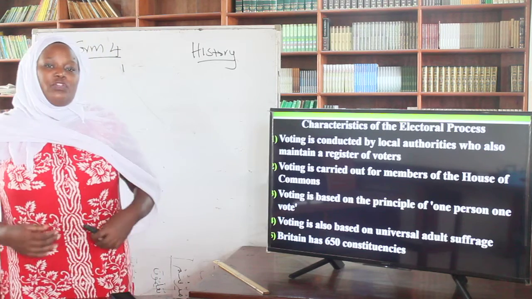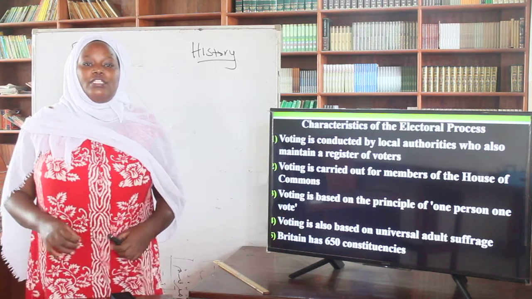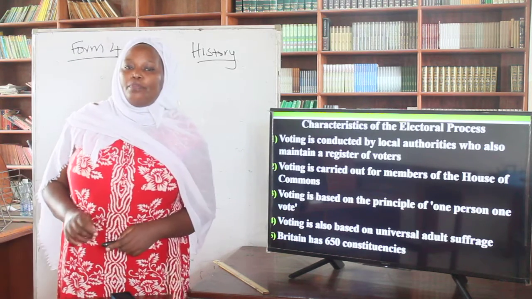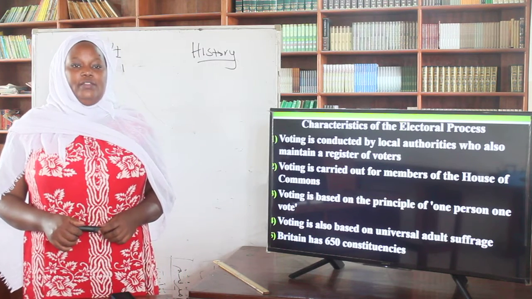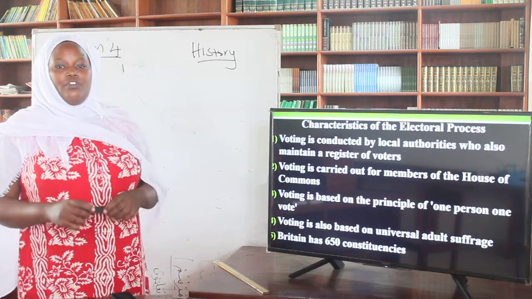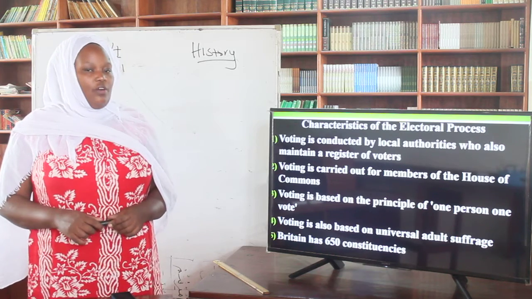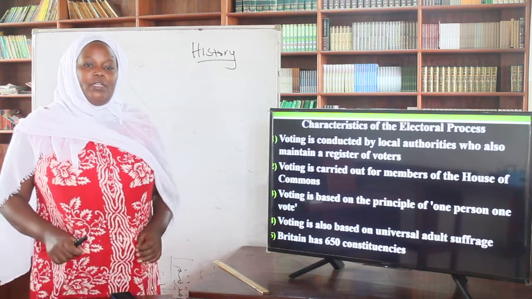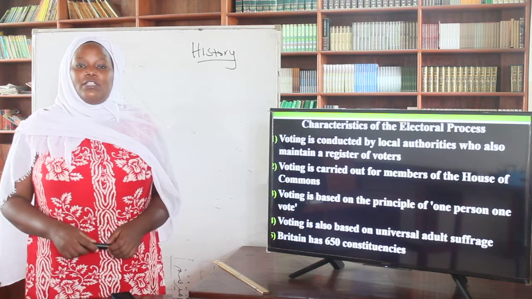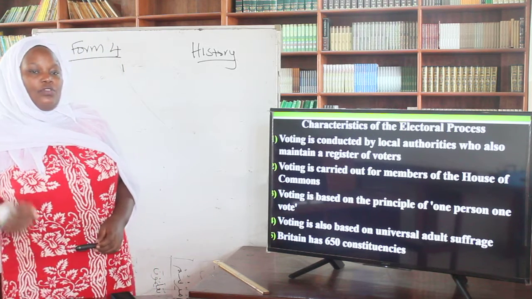One is that voting is conducted by the local authority, who are also the people who maintain the register of voters. Then the voting is carried out for members of the House of Commons, and it is normally based on the principle of one person, one vote.